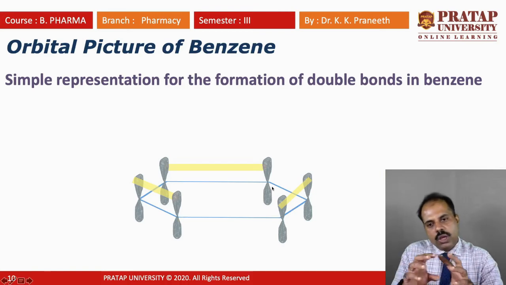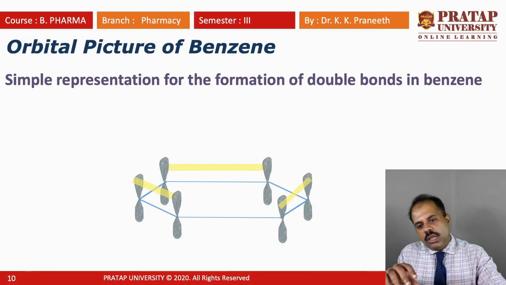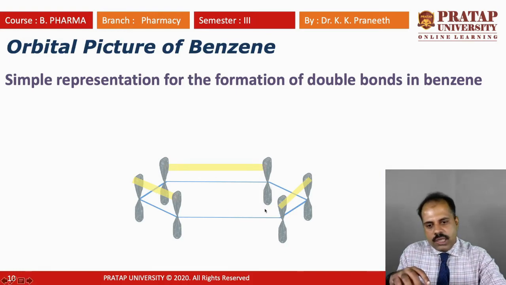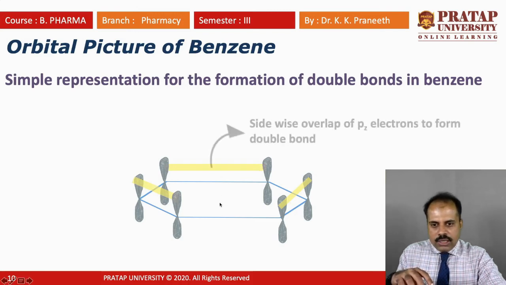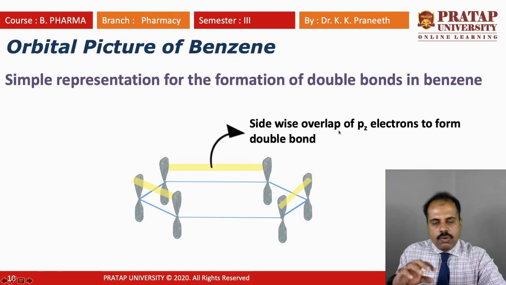Instead of the sp2 hybridized orbital, I have only represented benzene in the line structure, and the pz orbital is represented at each corner of the carbon. So each carbon contains one pz orbital with one electron each. The double bond you can represent by simply showing the overlap between these two carbons and these two carbons, in a similar fashion. So this is the sidewise overlap of the pz orbital to form the double bond, right?